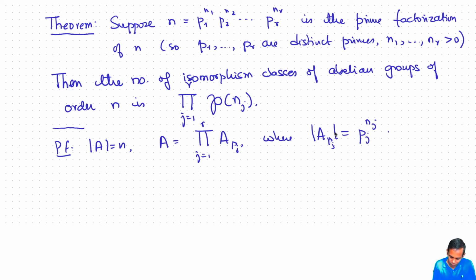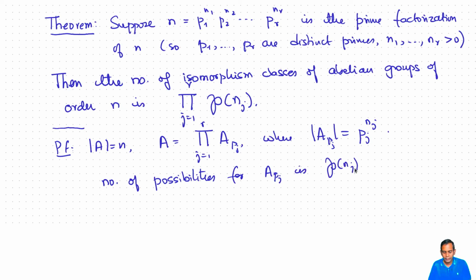And then the number of possibilities for A_pj will be precisely P(nj). And these can be chosen independently. So the total number of possibilities for A will be the product of the P(nj), proving the theorem.